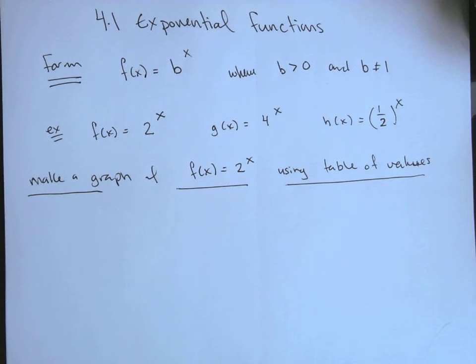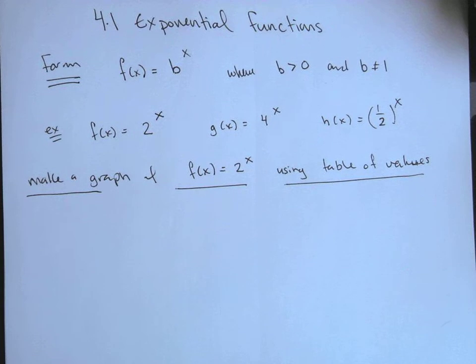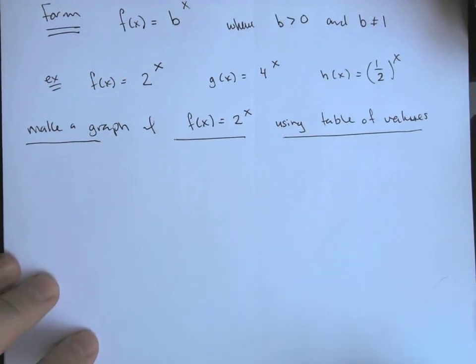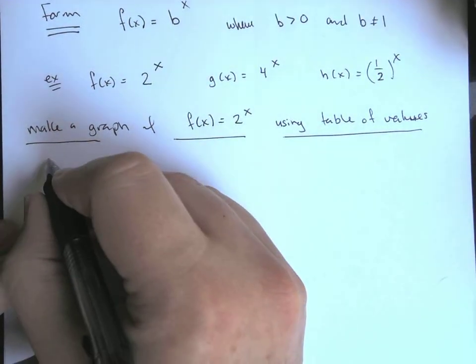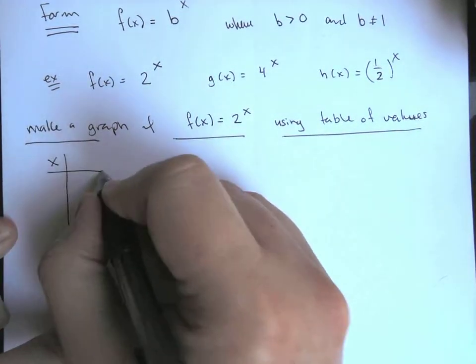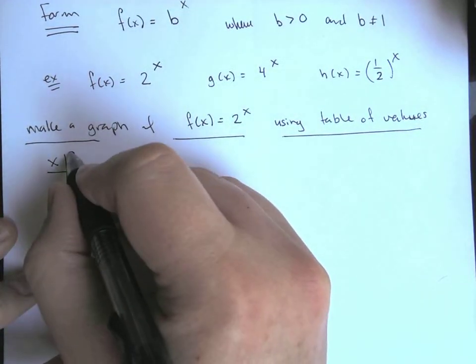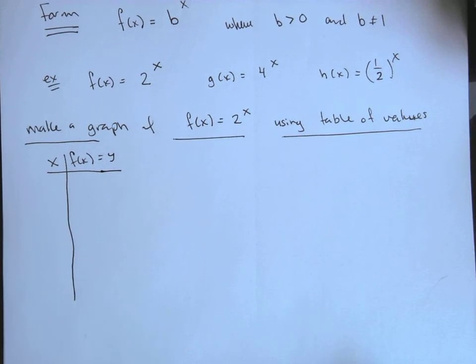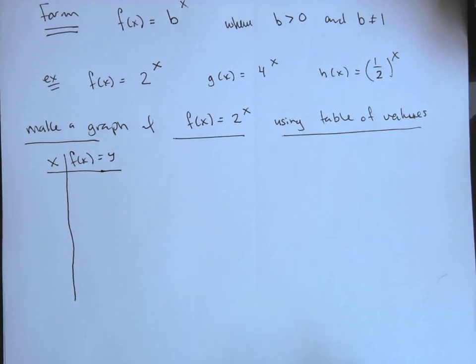Obviously bigger numbers, 4, 6, 8, 10, 100, 1,000, a million, or smaller values like a 1/2, a 1/3, a 1/10, things like that. So let's pick a couple x's to put in. The idea here is that all of the x's are going to be exponents, right? They're all going into our function, and so the y values are going to be what we get out of it.